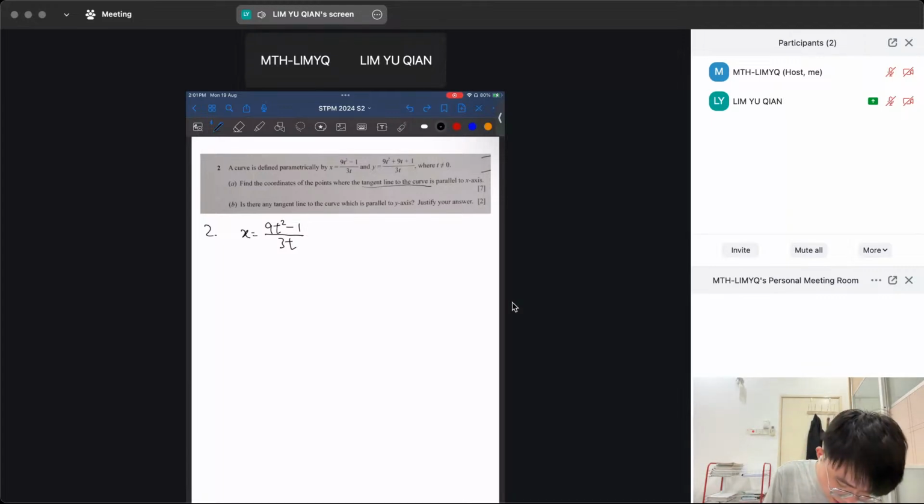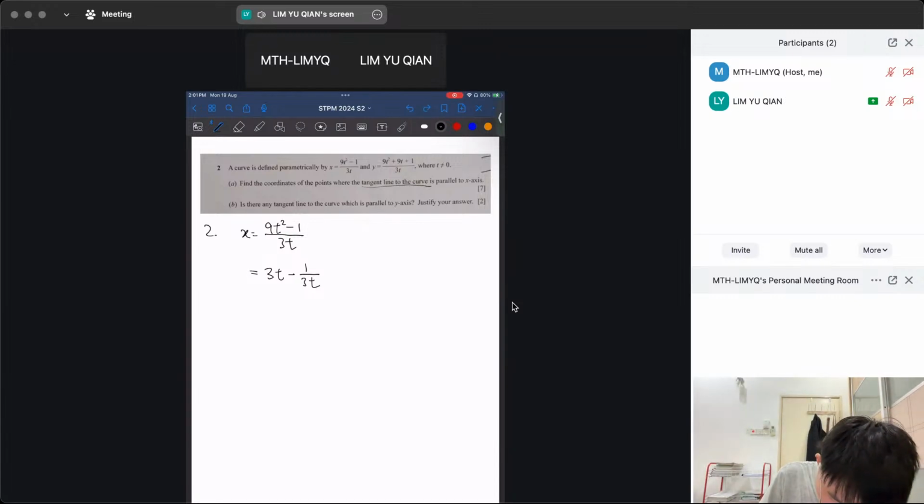Or an easier one, maybe you can write it like 3t minus 1 over 3t, 也是可以。I think this one will be easier, right? You don't use product, you don't use quotient rule.